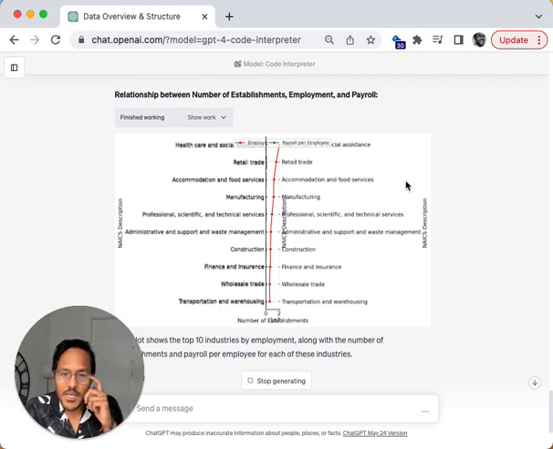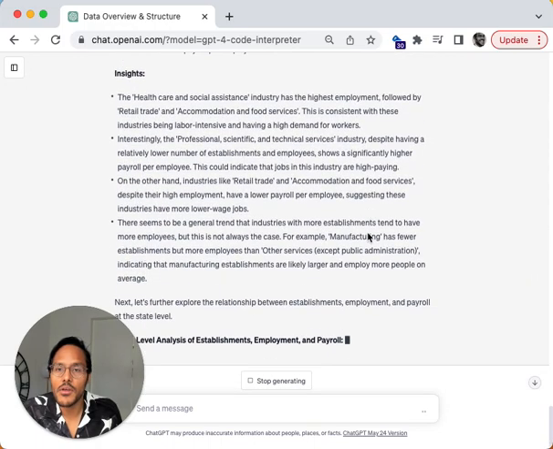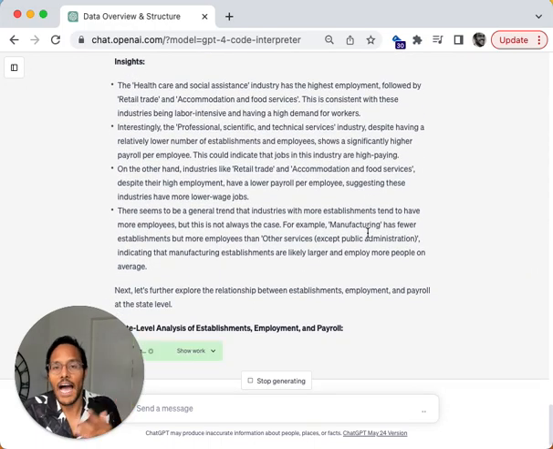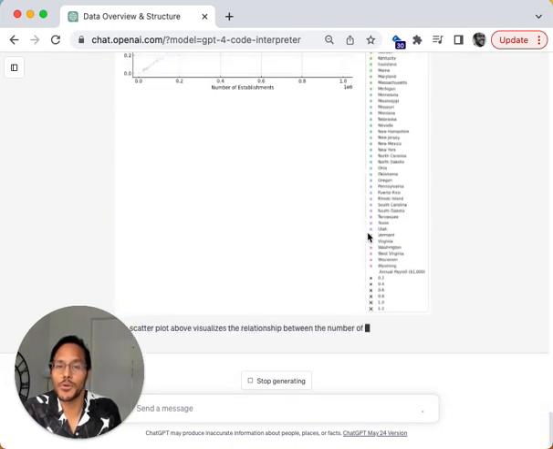So we got top 10 industries by employment: healthcare, retail, accommodation, manufacturing. Okay. It's not that impressive of an insight. Of course, professional, scientific, and technical services would have higher payroll per employee.